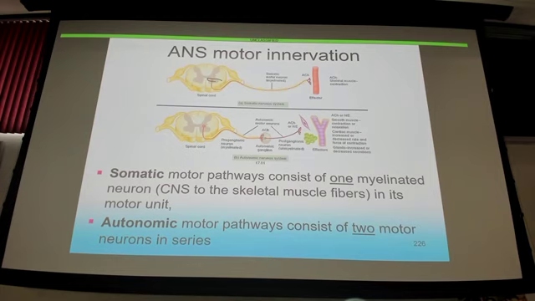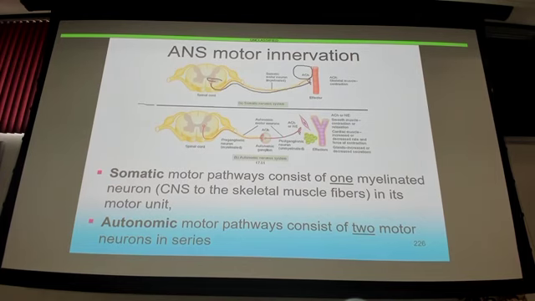In a somatic system, you have one motor neuron that goes all the way out to its effector, which in that case would be a skeletal muscle. And I'll mention here, just for the sake of it, the only neurotransmitter used at skeletal muscles is acetylcholine. We'll come back to that. You'll know why I said that later.